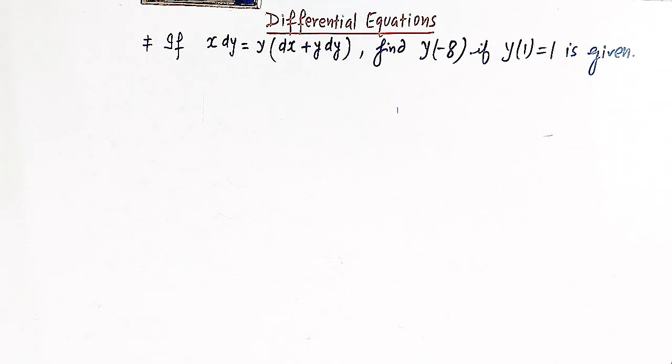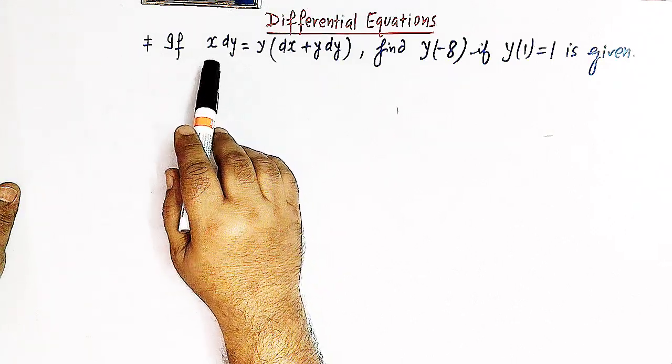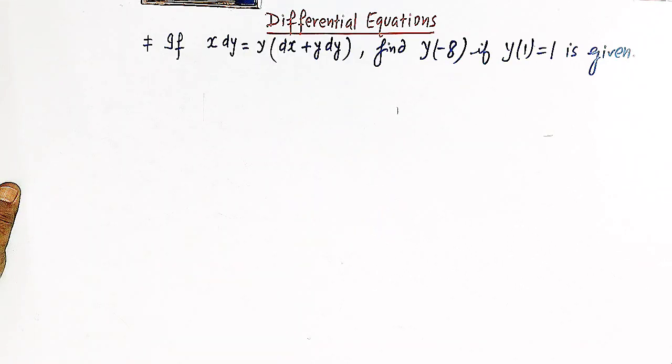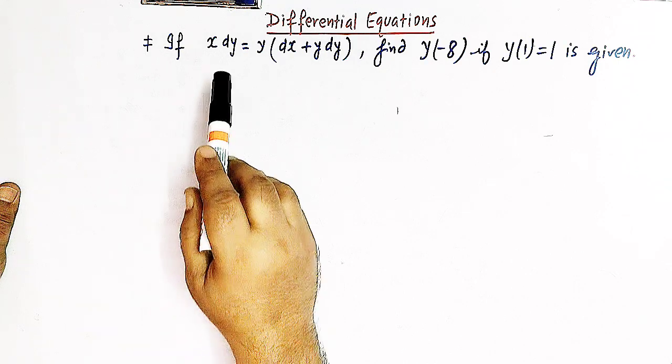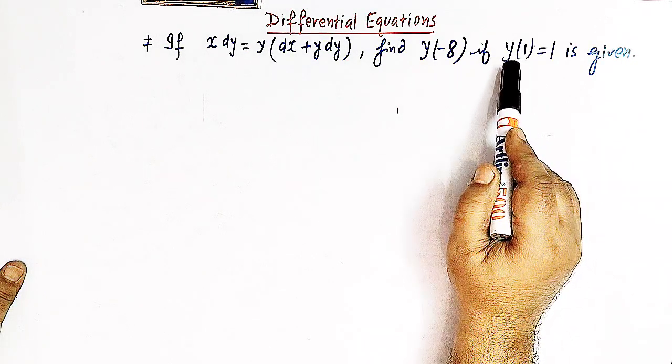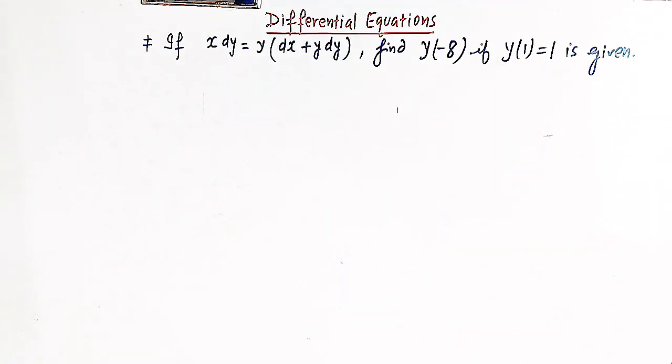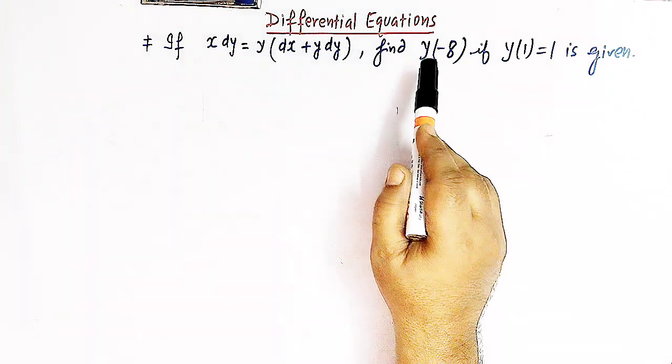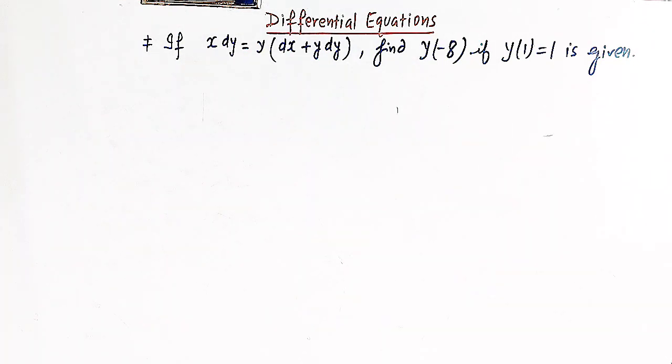So what we will do, we'll first find the solution of this differential equation, implying that we have to solve it, and then we can find the form of the function, that is y of x, and then by applying this condition y of 1 is equal to 1, we can find the constant of integration, and then we can easily find the value of y of minus 8, right?